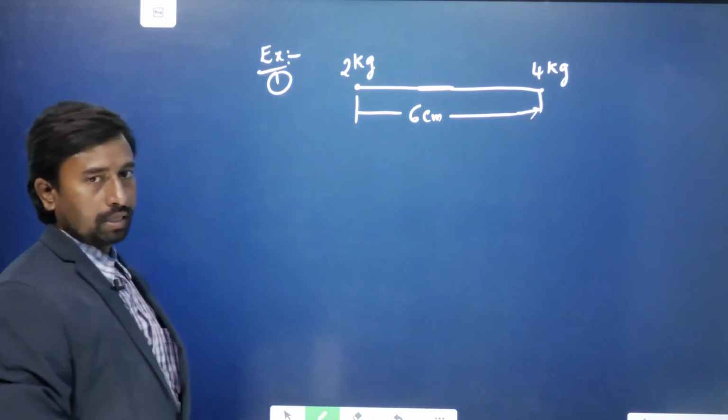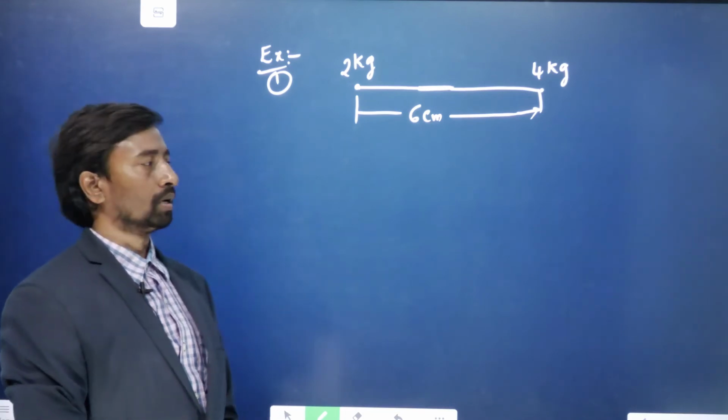Okay. Now we should find out the center of mass.